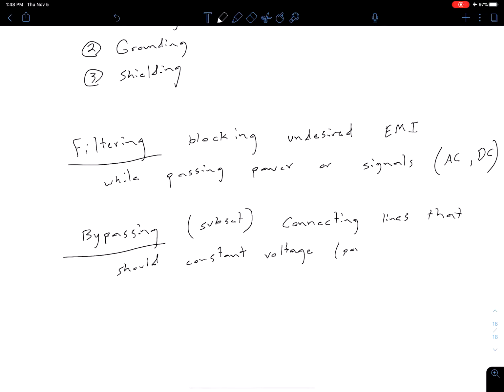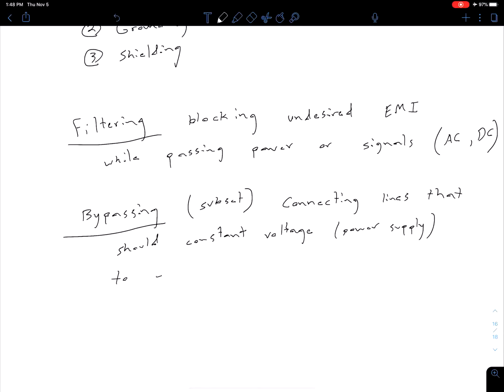So typically this is power supply. We're connecting these lines that should be at a constant voltage to ground via a capacitor. Depending on the application, we might actually have multiple capacitors, and we'll come back and mention that a little bit later on as we talk about sizing our capacitors for these circuits.